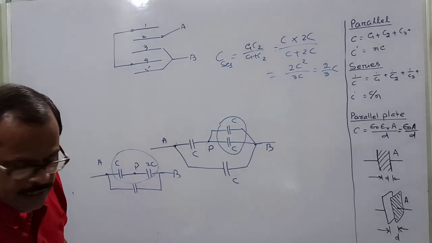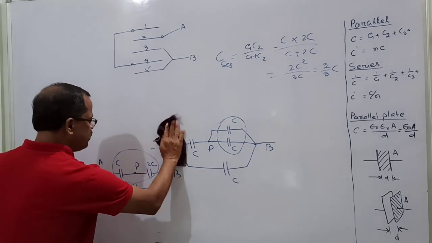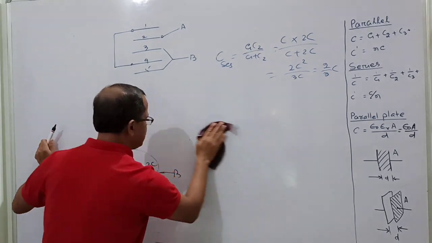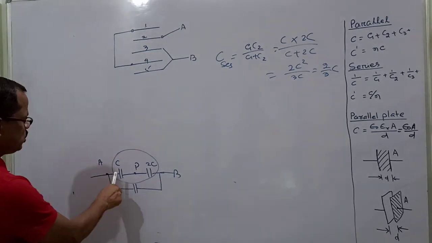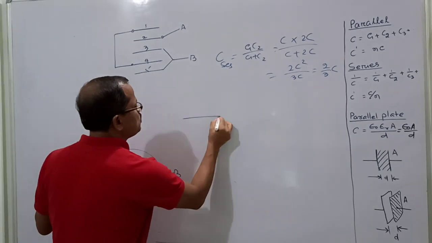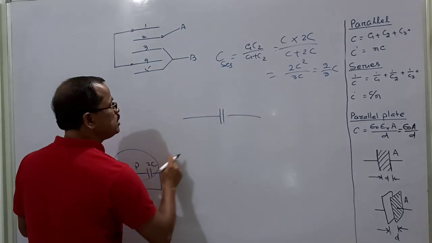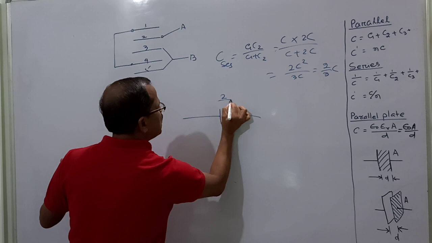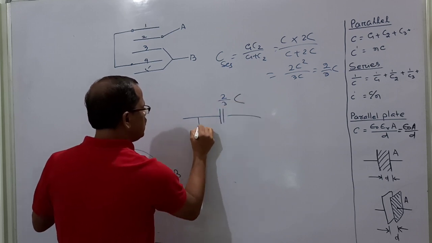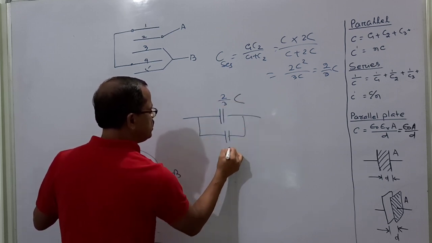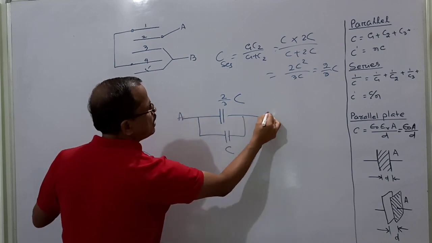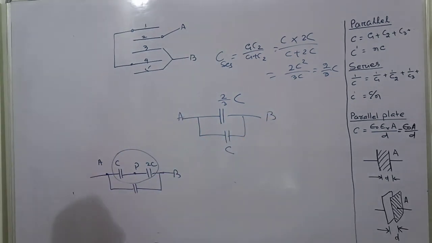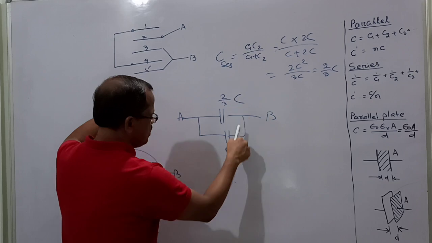Now let us draw again. This part is not required now, I am removing it. So these two become a single capacitor of 2C by 3, and another capacitor C is connected between A and B. So what is the net capacitance between A and B? Yes, they are parallel.